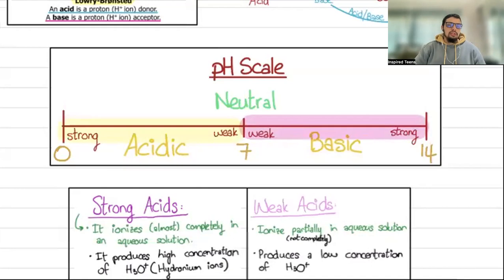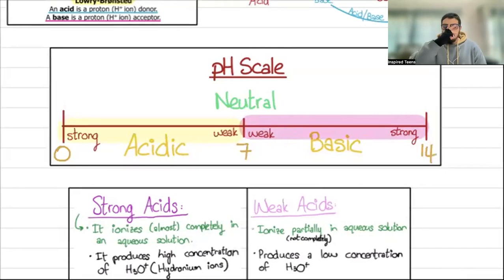So 0 to 7 is acidic, 7 to 14 is basic, but the closer to 7 we are, we would refer to as neutral. It's more neutral, especially on the dot 7. 7 would be perfectly neutral.